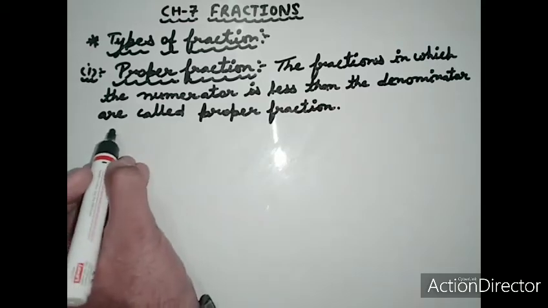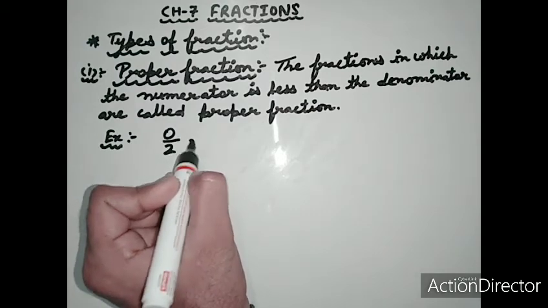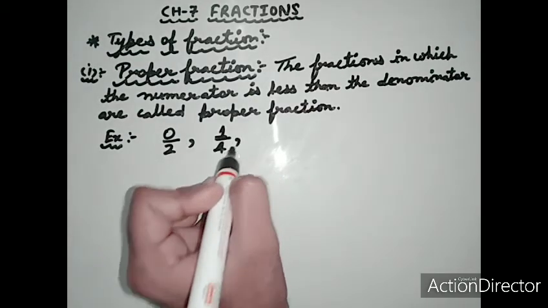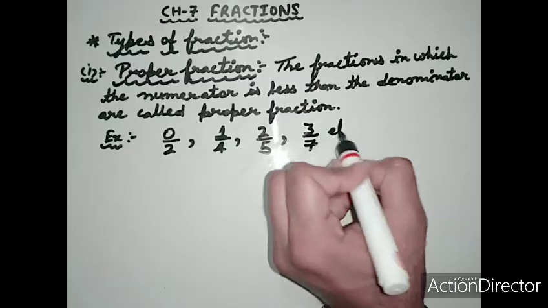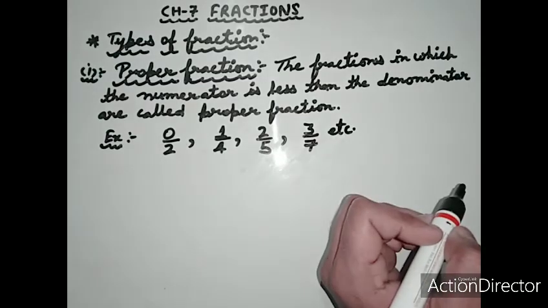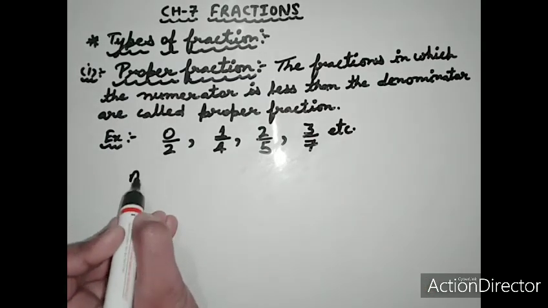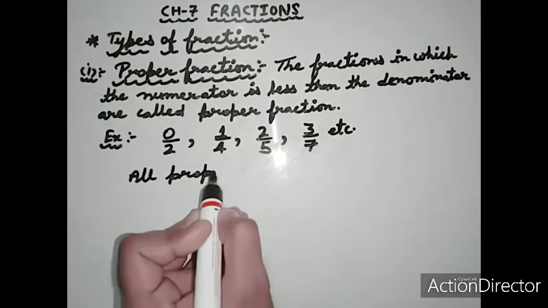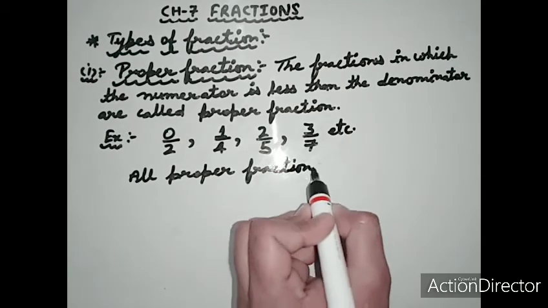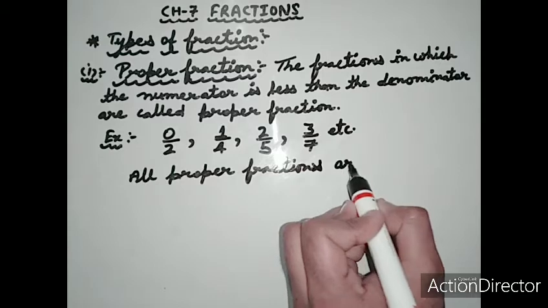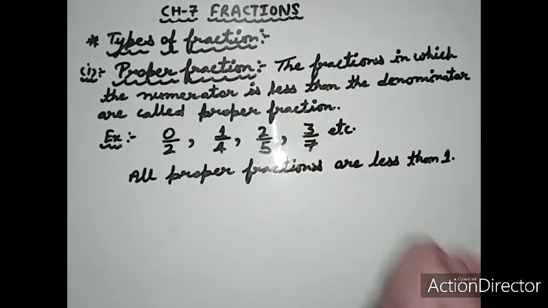For example, 0 upon 2, 1 upon 4, 2 upon 5, 3 upon 7, etc. These are all proper fractions, and all proper fractions are less than 1.